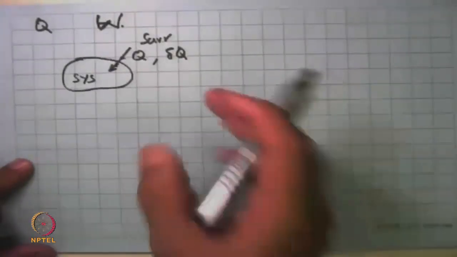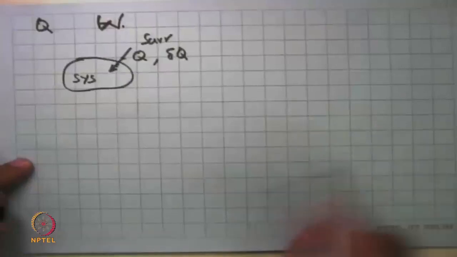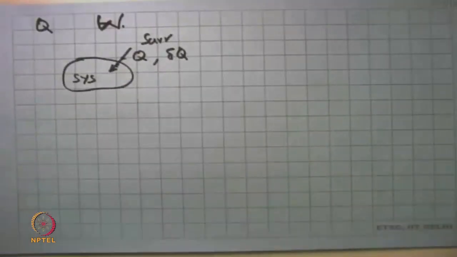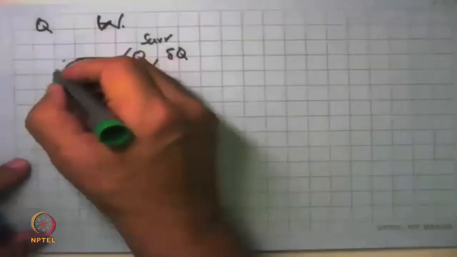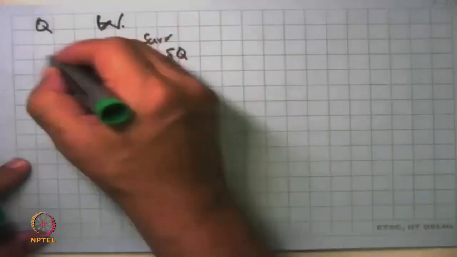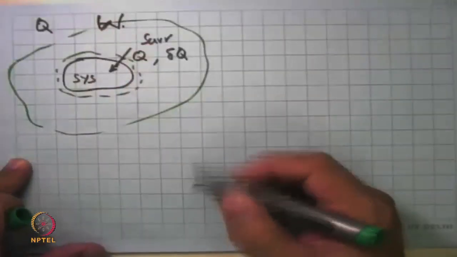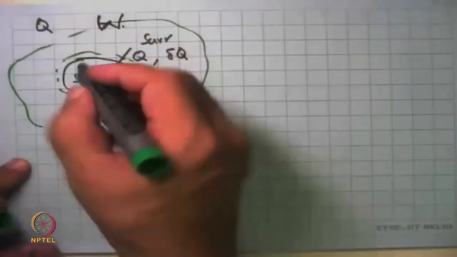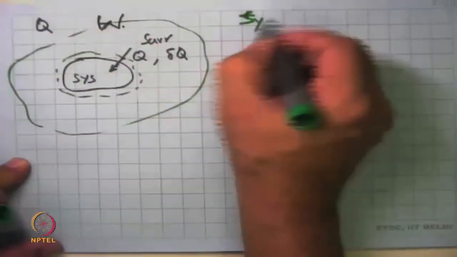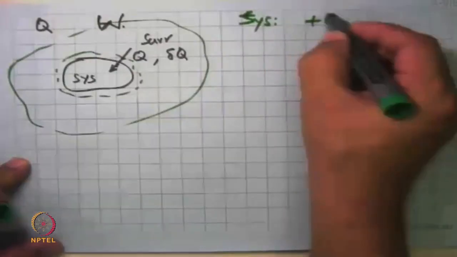What we did not talk about is what happens to the surroundings. So we'll complete that. If I look at heat transferred to the system from the system's perspective, which is what we are trying to analyze, for the system this is plus Q.